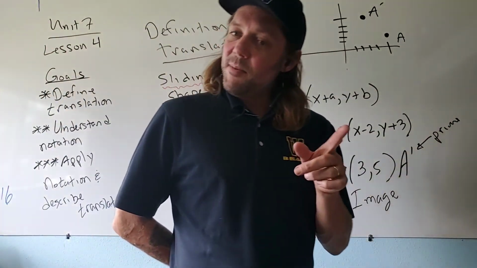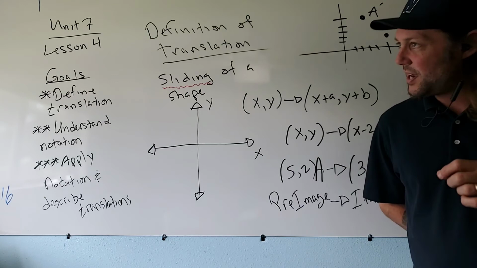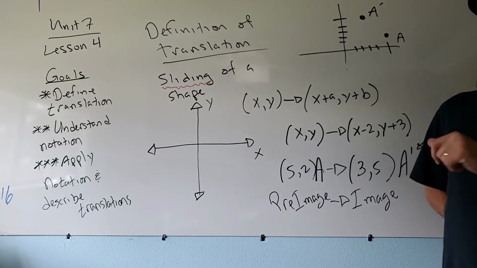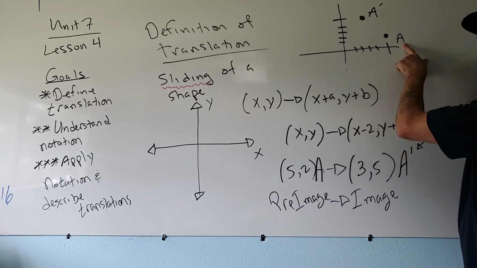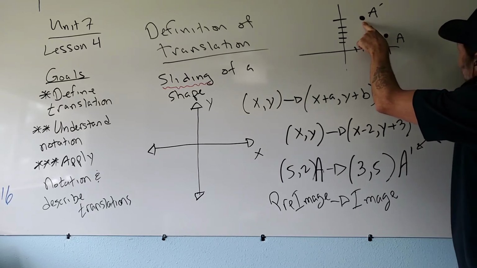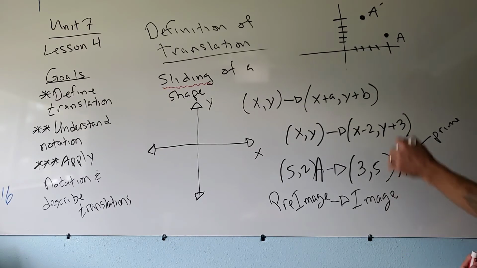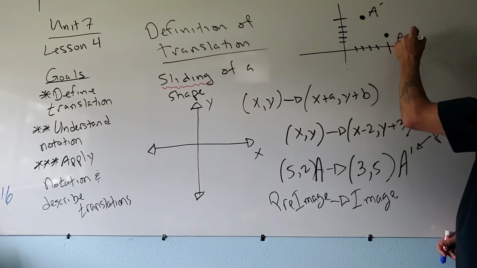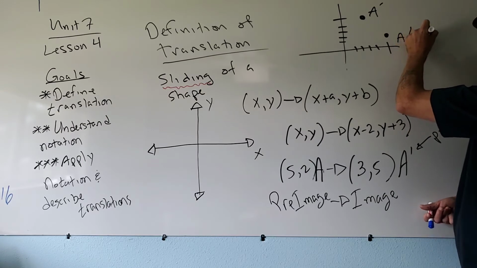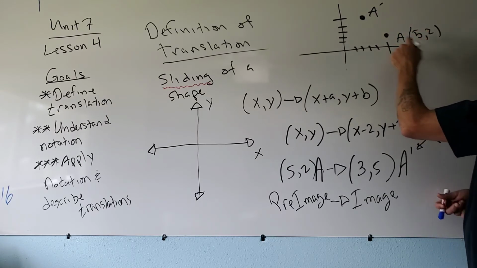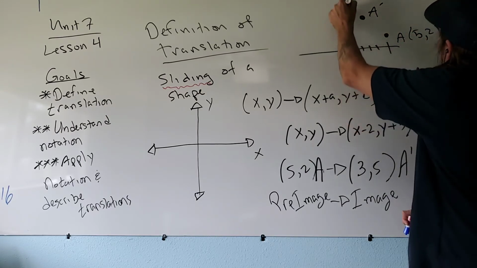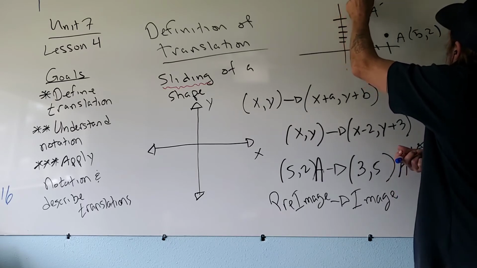The second type of problem you're going to have is you're going to have to describe how a preimage moved to its image. And so what you would do here is you could actually figure out where your image starts from. Like this one starts at 5, 2, and then you realize that it ends up at 3, 5.